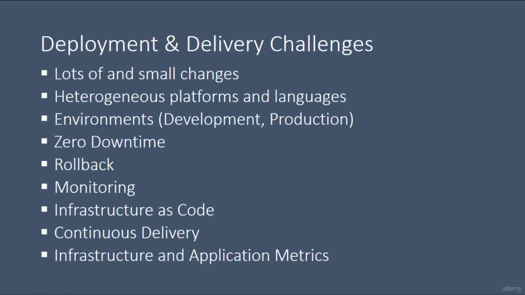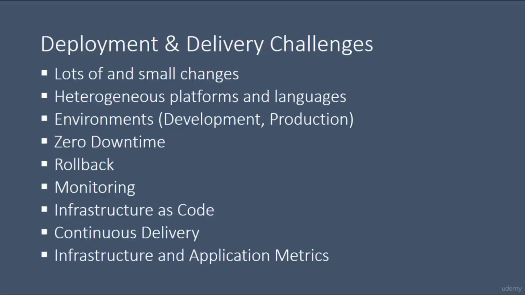So some of the deployment and delivery challenges that we face. For instance, we may have lots of small changes that our software apps require. Heterogeneous platforms and languages. You may have developers sitting in Europe and in the US with different platforms. Environments may be different: development, production, test.